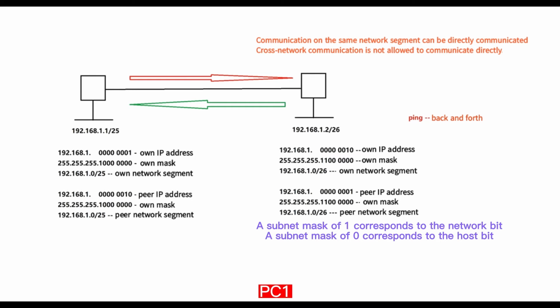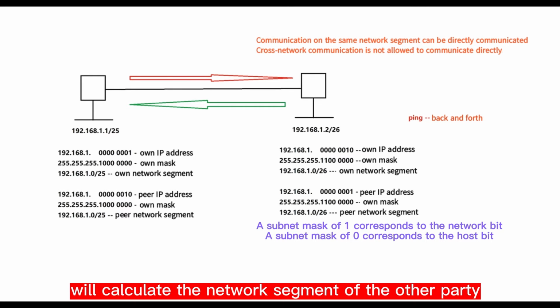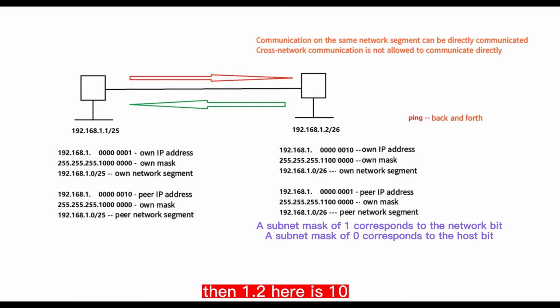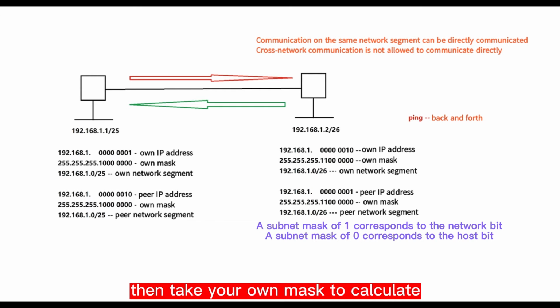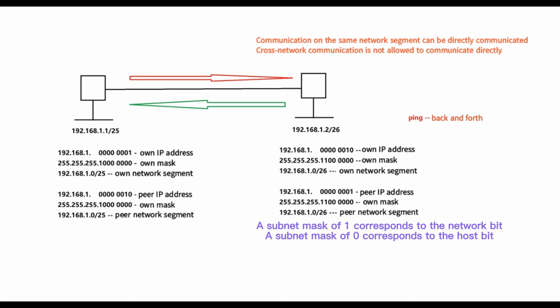Next, PC1 will calculate the network segment of the other party. The other party's address is 192.168.1.2, and the last part, 1.2 here, is 10 in binary. This is called the peer IP address. Then take your own mask to calculate. You will find that when the calculation is over, the mask bit is still 1 and this bit corresponds to 0, and the last 7 bits are all 0.